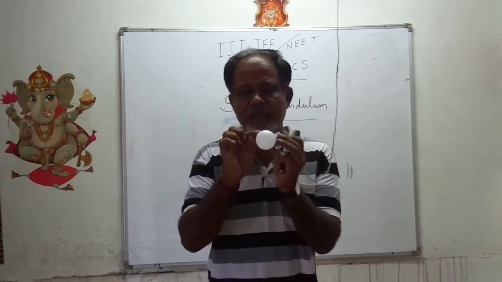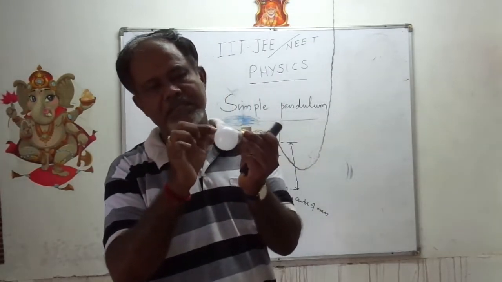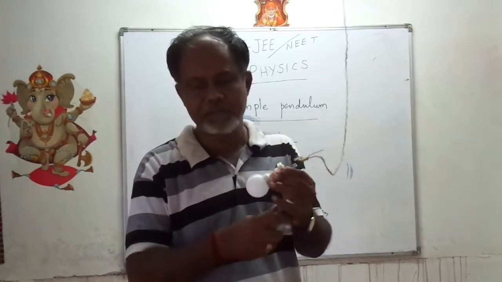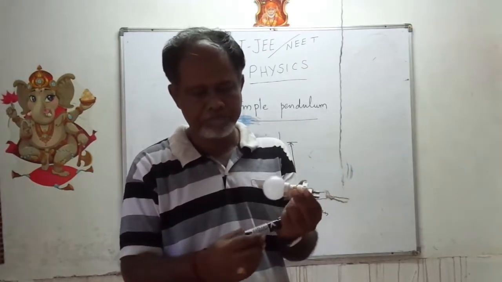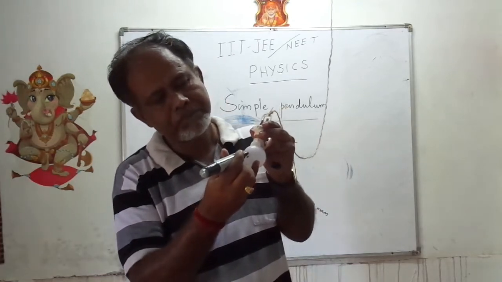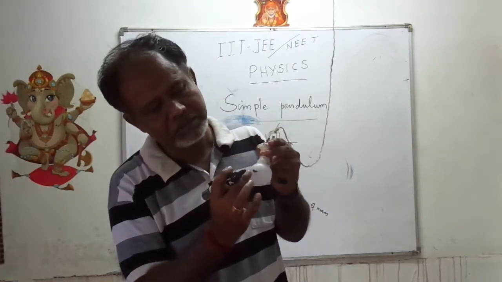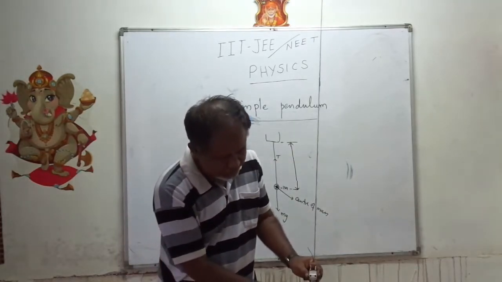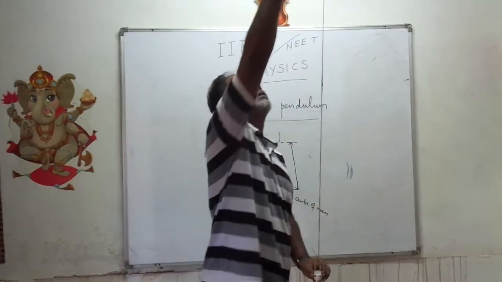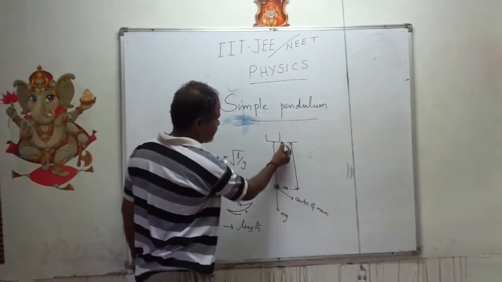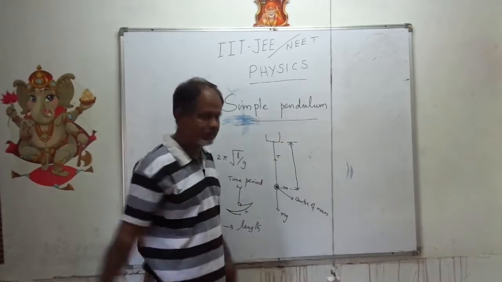It has one center of mass at its center point. Then the length is nothing but from this point to that edge.